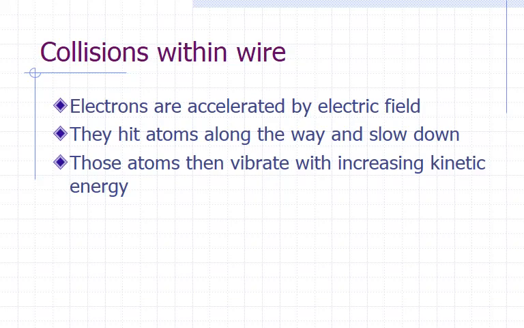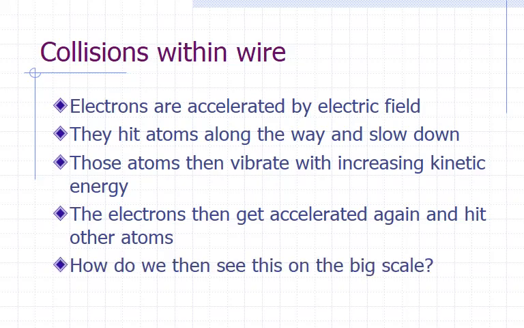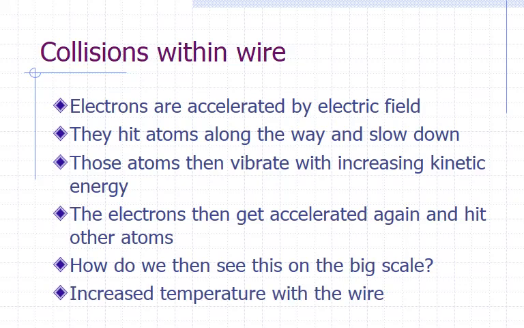As they receive these electrons and send them out, they're vibrating with more energy. The electrons get accelerated again and hit more atoms. As they continue through, the whole wire starts to get hotter because of all these collisions, and the temperature will increase within the wire.